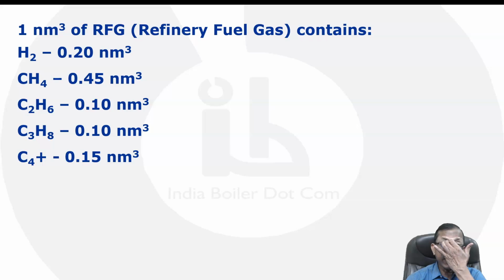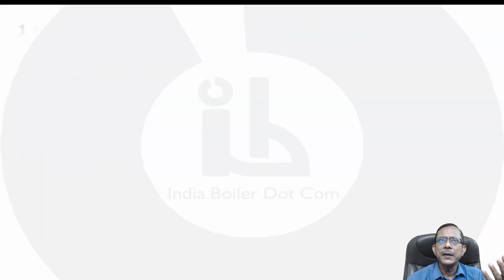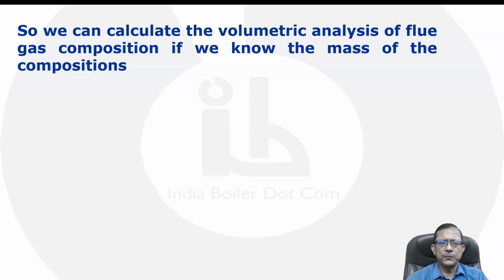And with this understanding, we can calculate another thing. Suppose I am having a flue gas composition. The mass of flue gas composition I can calculate, right? I will deal with this in the next video, how to calculate the mass of flue gas composition using the same kilomole to mass concept.